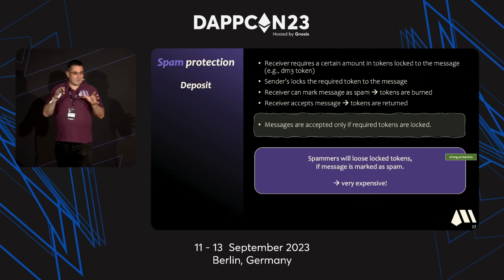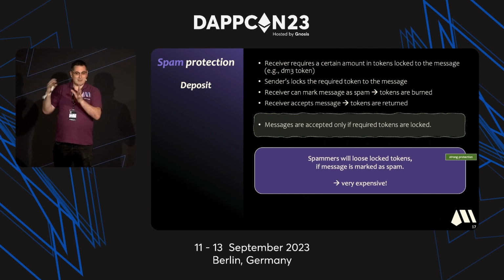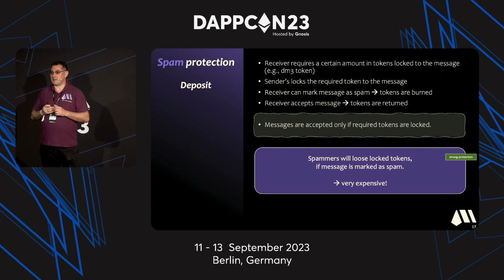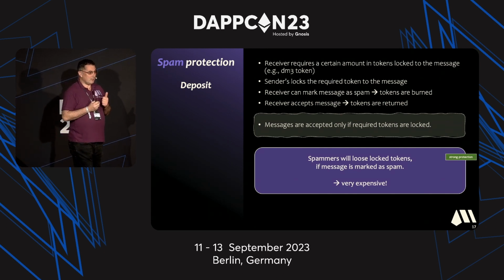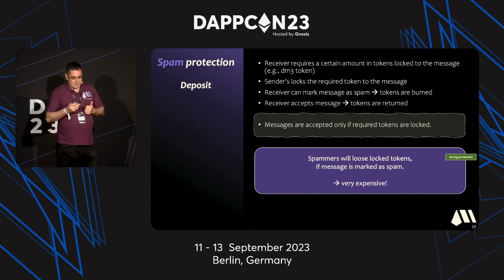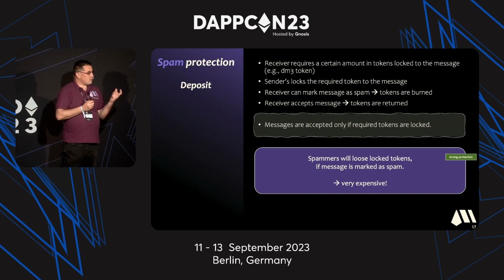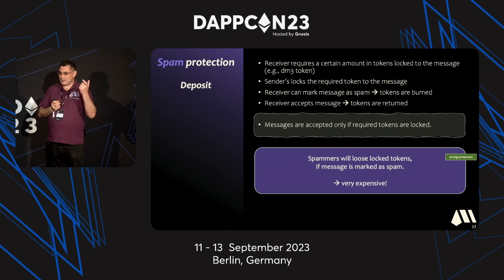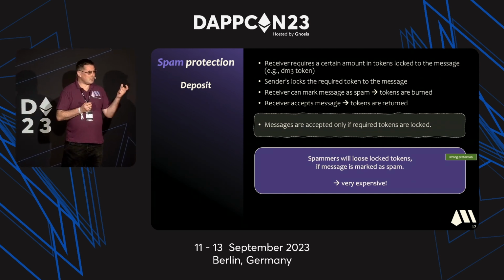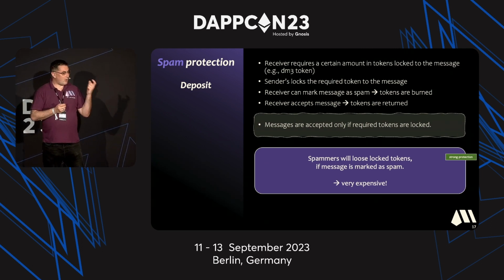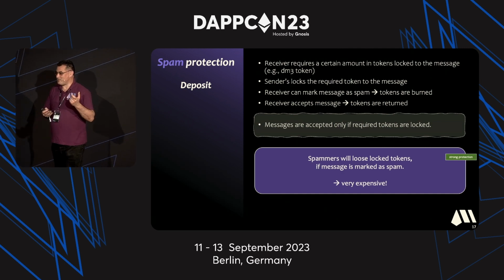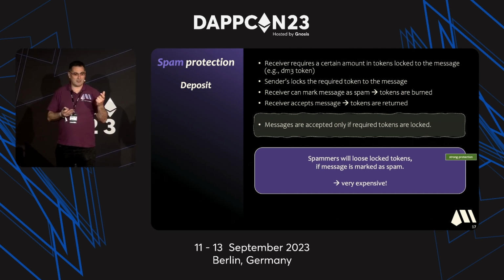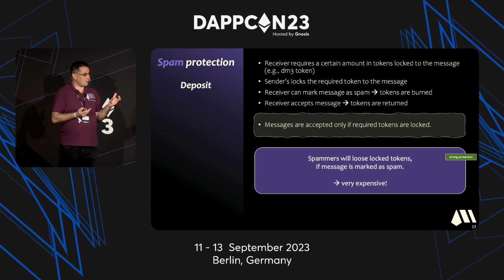Now with this, we can do some filtering on the server already, but then we can do much more in Web3. What we provide is that you can take your message and deposit tokens on this message with the promise that this message is not spam. If this message is marked as spam by the receiver, these tokens are burned.